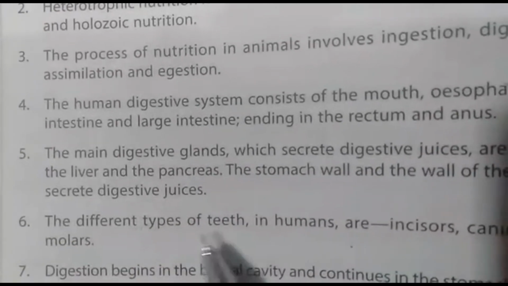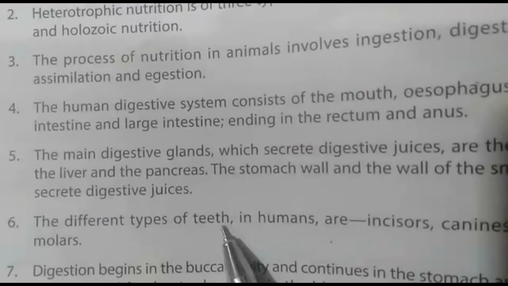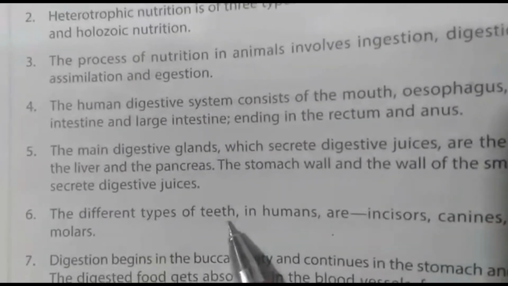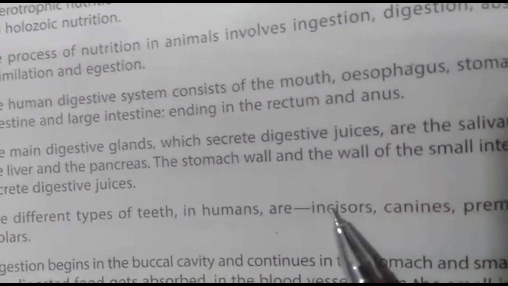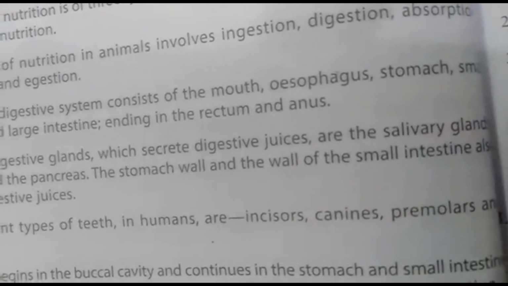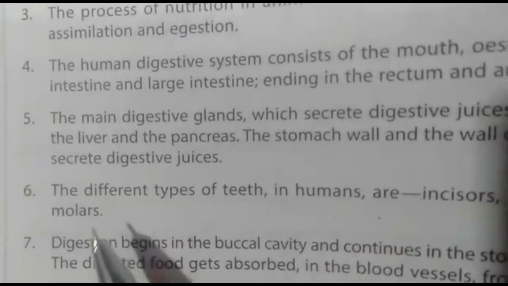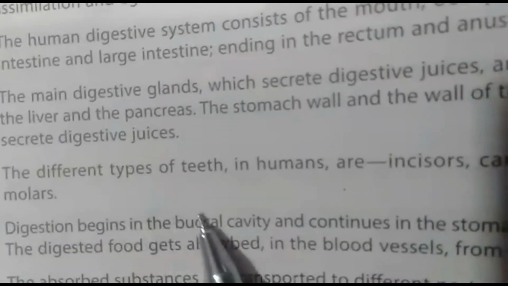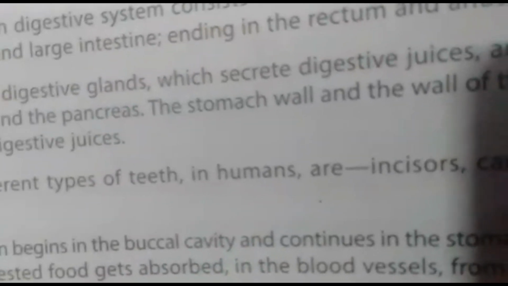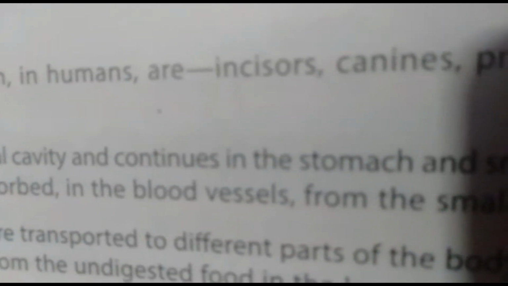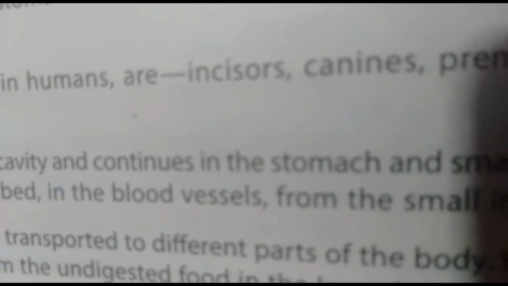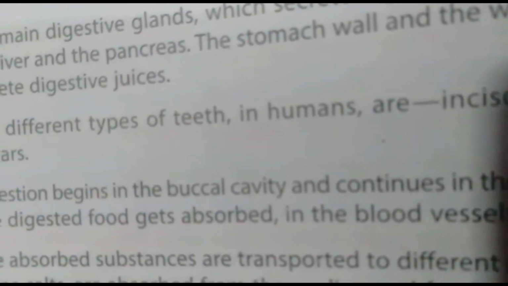The different types of teeth in human beings we have also discussed. There are four different types of teeth: incisor, canine, premolar and molars. Digestion begins in the buccal cavity and continues in the stomach and small intestine.